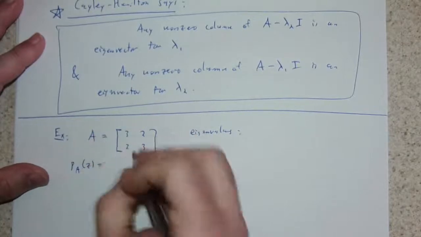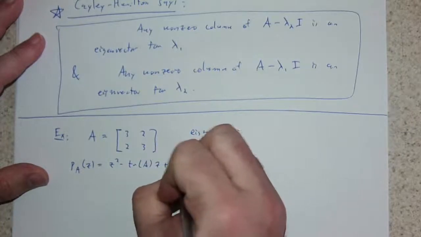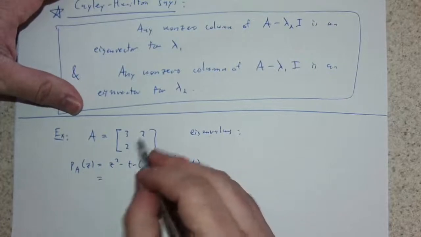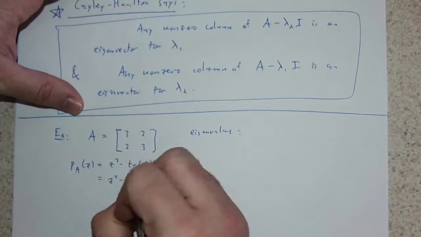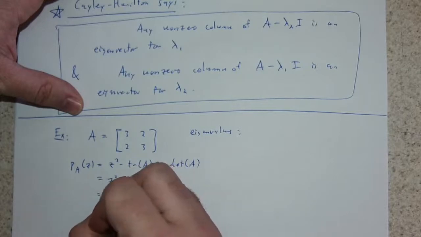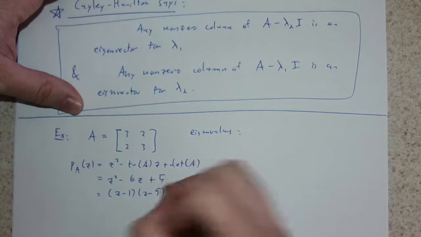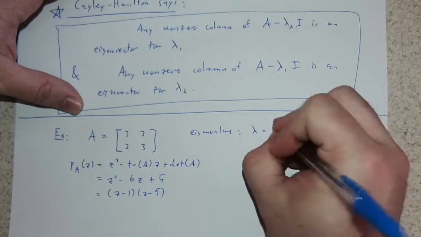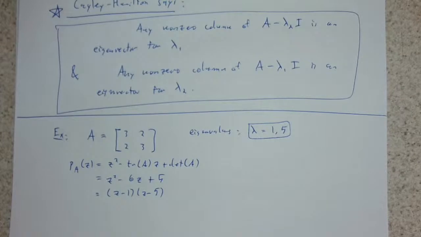So the characteristic polynomial is z squared minus the trace of A times z plus the determinant of A. The trace of A is 6, the determinant is 9 minus 4, so it's 5. So this is z squared minus 6z plus 5. We've already seen previously this factors as z minus 1, z minus 5. So this has roots 1 and 5, so it has eigenvalues lambda equals 1 and 5.